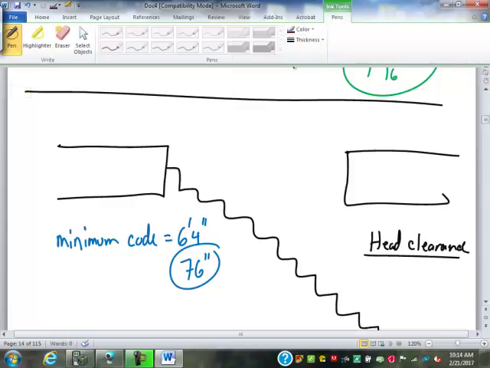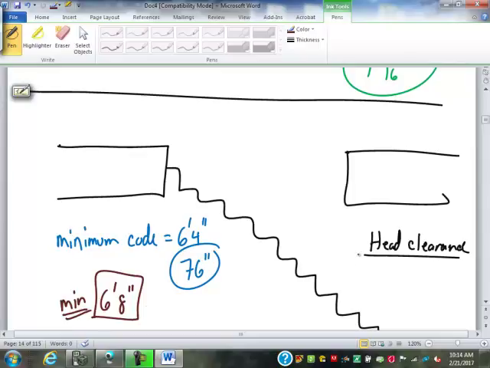I use minimum head clearance (6 foot 8 inches). By using that minimum head clearance of 6 foot 8 inches, now that's minimum. I almost always have more than that.